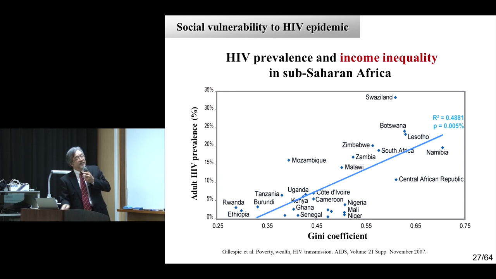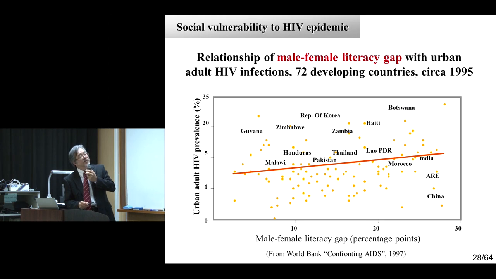Okay. So this slide shows the higher the income inequality in the country, the higher the HIV prevalence. So there are many impoverished populations, so they are at higher risk for HIV infection. So this is a graph showing the male-female literacy gap and HIV prevalence. Very weak correlation.